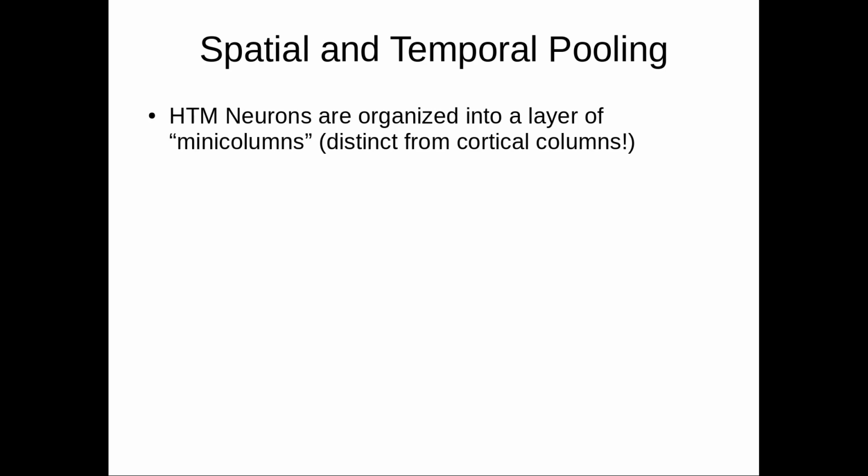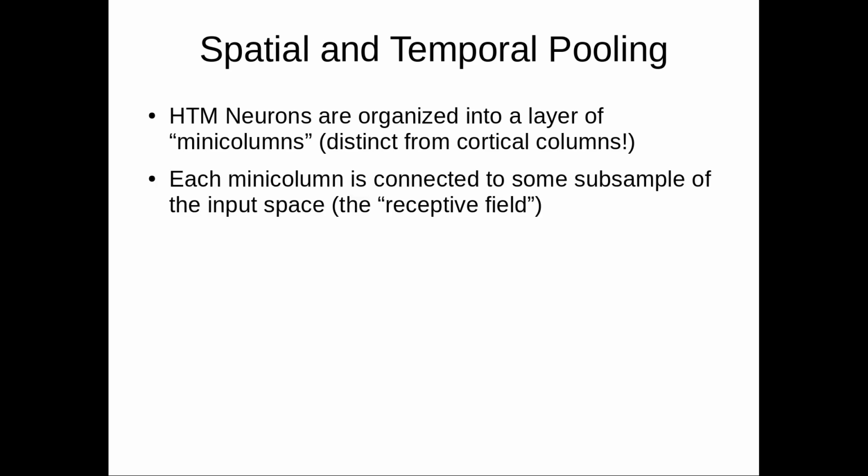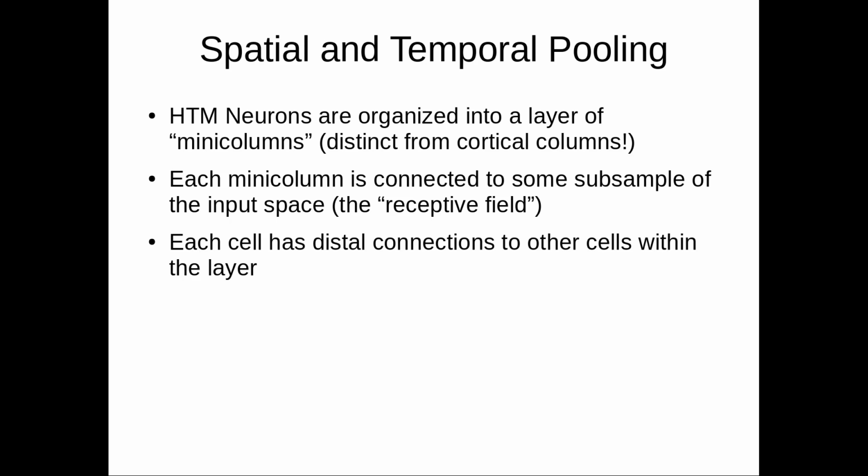So mini columns exist within layer 4, and layer 4 is one of the layers inside of a whole cortical column. Each of these mini columns is connected to some part of the input space, also called the receptive field. All cells within the mini column are connected to the same input, so to speak. And each cell itself has distal connections to some other cells within this layer.